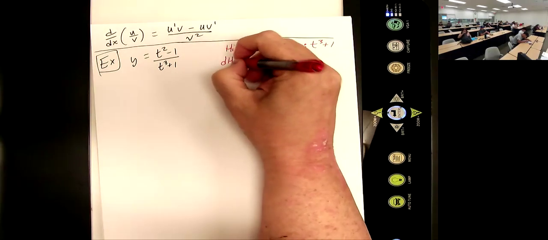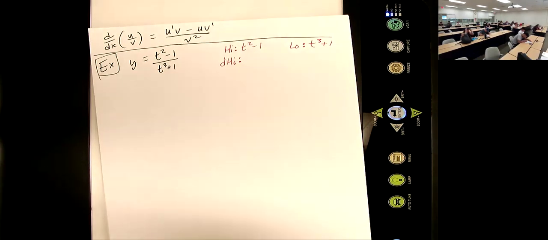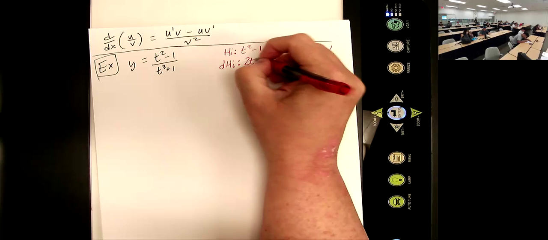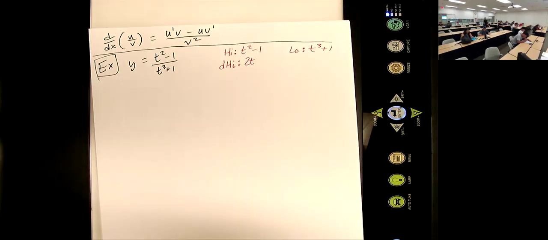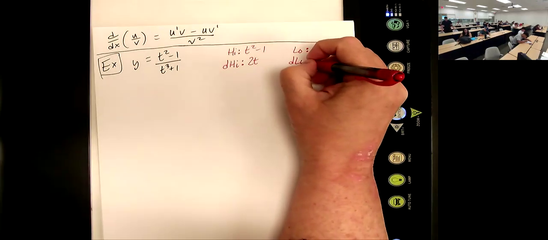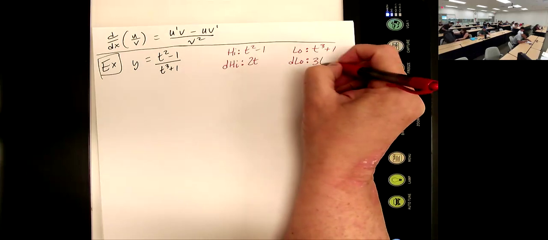And so the derivative of the high term, what is that? The derivative of t squared minus 1. You just bring the power down on the 2 and lower it by 1. You got 2t. And the derivative of the low term, we bring the power down and lower it by 1.